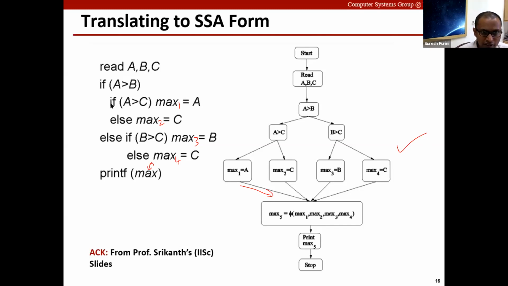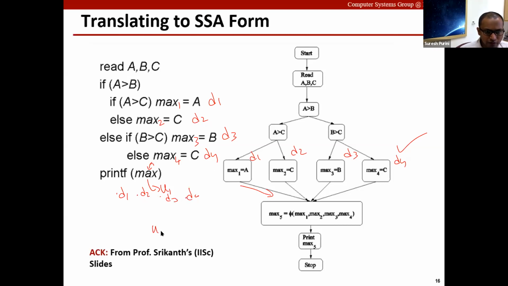But the problem is, if you look at this particular use of max, these are all definition points. This is definition point D1, this is D2, this is D3, this is D4. And there is one particular use here, let's call it U1. There are 4 different definitions reaching the same use: D1, D2, D3, D4.